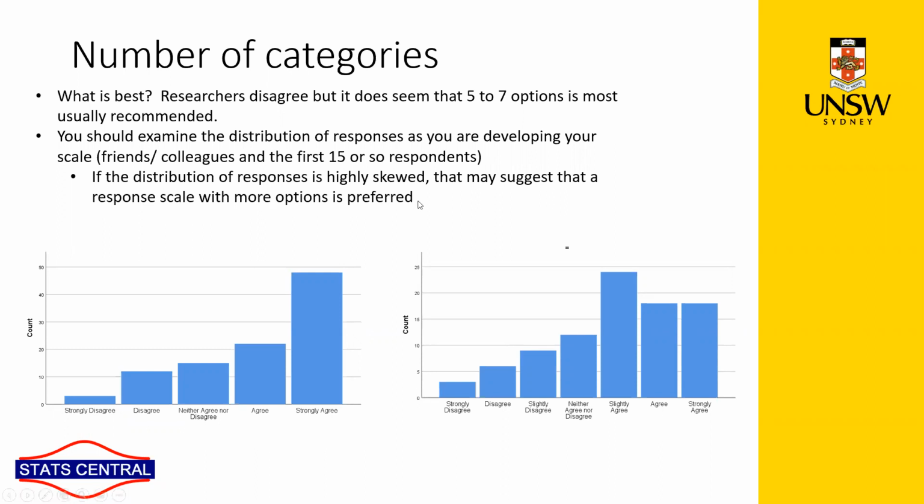So if you increase the number of response categories, that might spread things out a little bit, and you can end up with slightly less skewed data, which helps when you're doing your analysis later on.